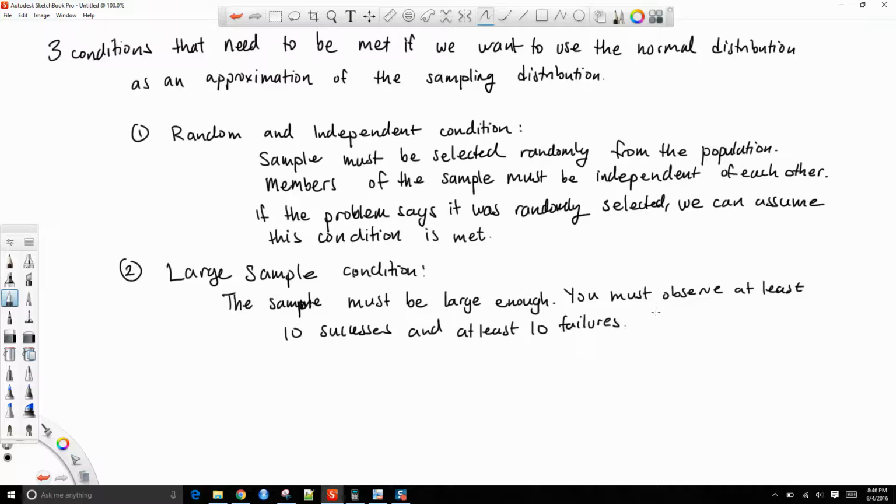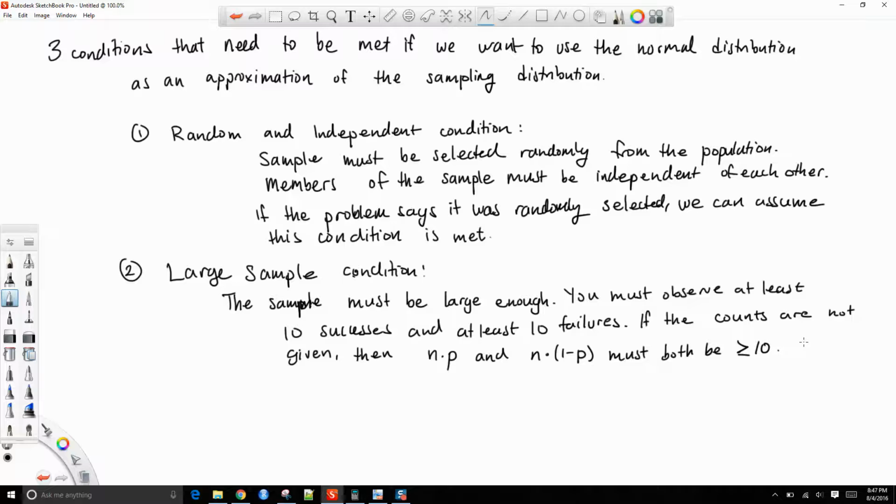Okay, and if the success and failure counts are not given, then n times p and n times 1 minus p must both be greater than or equal to 10.